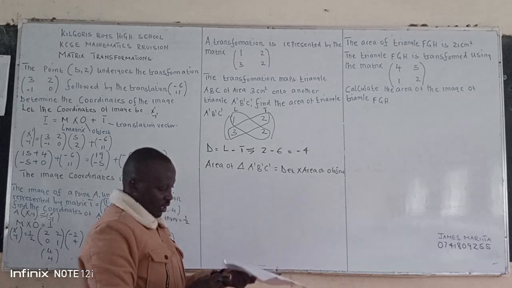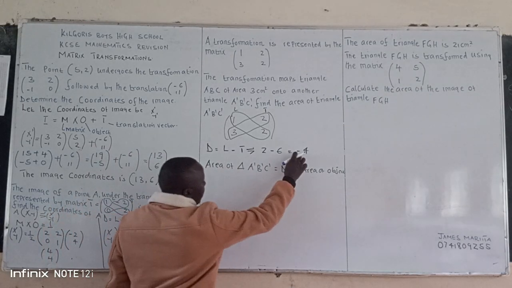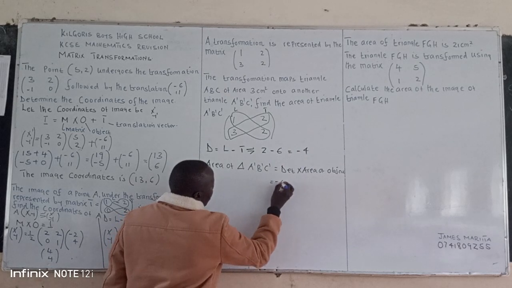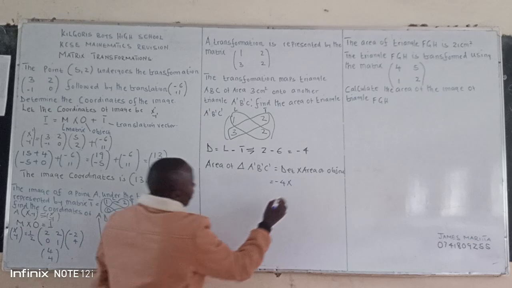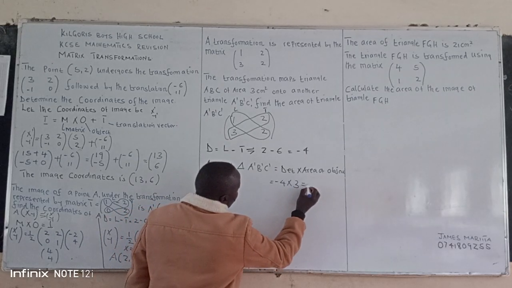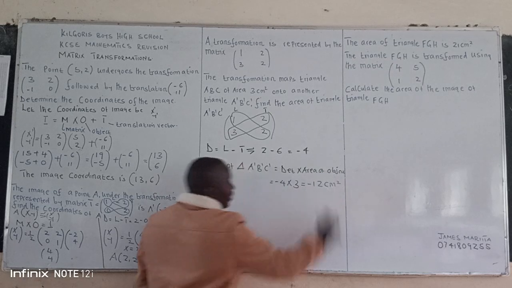We substitute: our determinant is negative 4, the area of the object is 3, and this gives us negative 12 square centimeters.